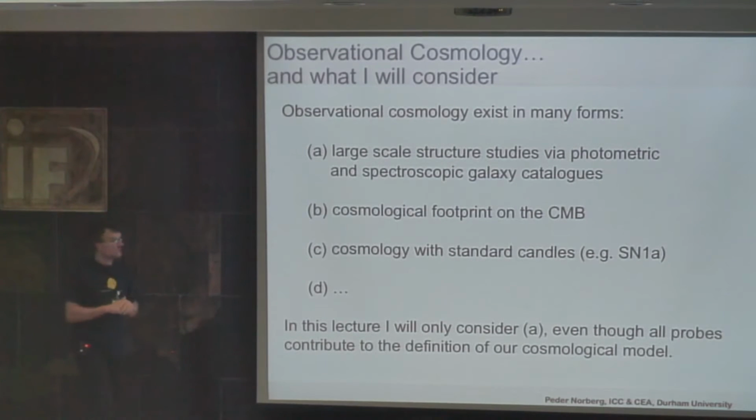You have the cosmological footprint on the CMB, which is a huge amount of information about cosmology. Cosmology with standard candles, how to extract cosmology from supernovae and so on. I've missed lensing, which probably falls into large-scale structure to some extent. I will mostly focus on large-scale structure.